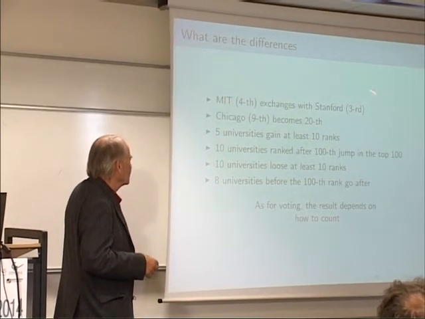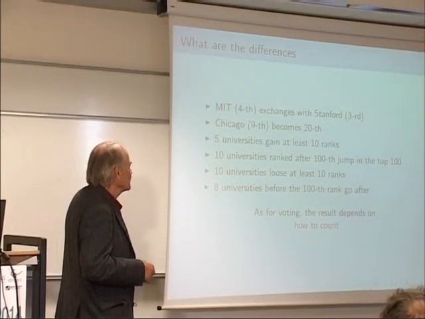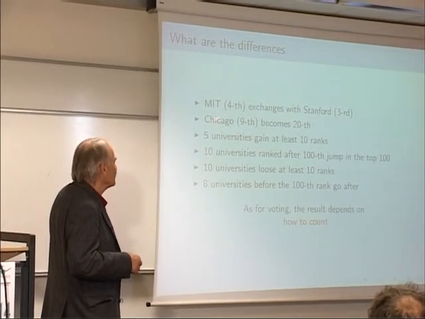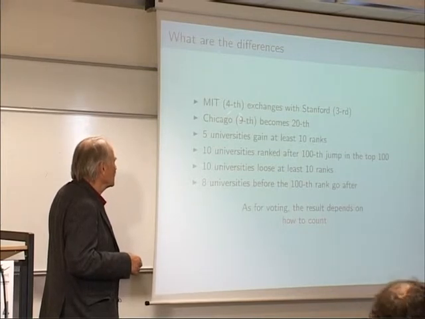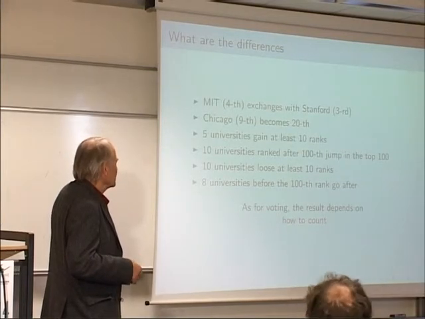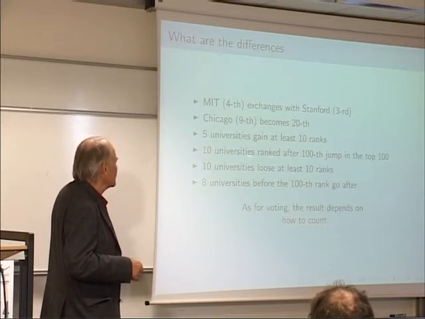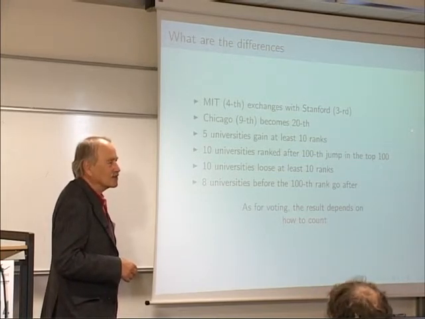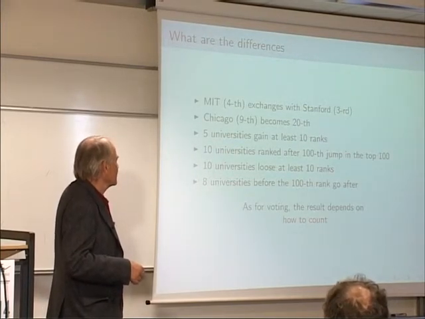The 9th, University of Chicago, is very well favored. It becomes 20th, and 5 universities gain at least 10 ranks, and 10 universities ranked after the 100th place go in the top 100. And 10 universities lose at least 10 ranks.